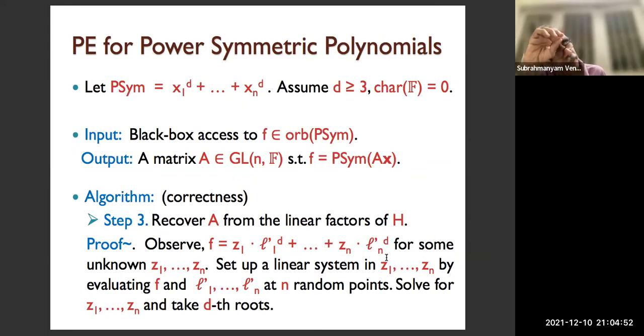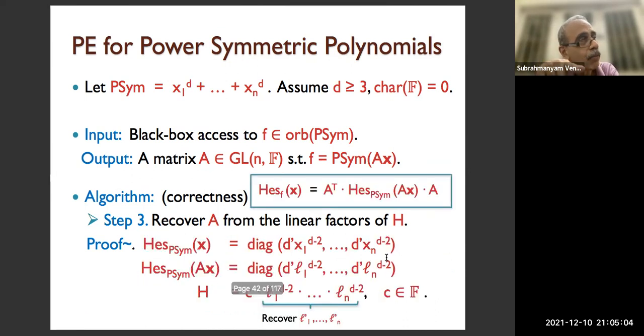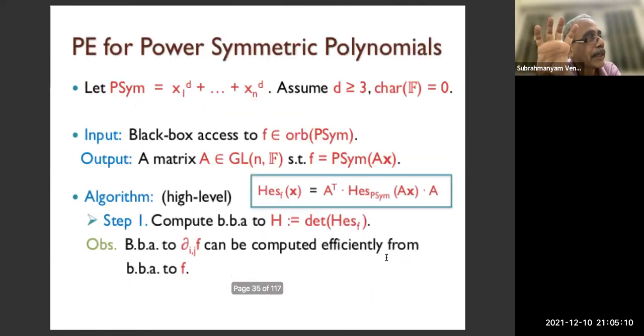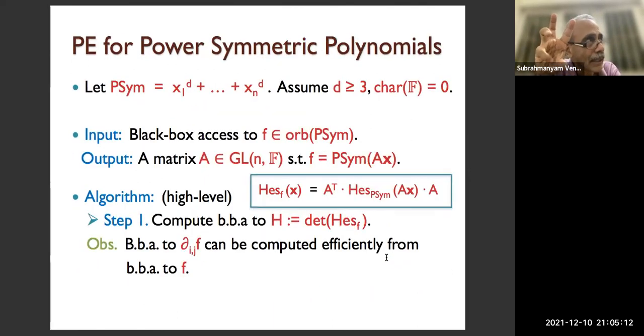Yeah, I'm a bit confused. When you said I want to get hold of the derivatives, these are the derivatives evaluated at some input that you give, right? I'm a bit confused about the way you use it. You are thinking of the Hessian now as a polynomial, the final Hessian, isn't it?